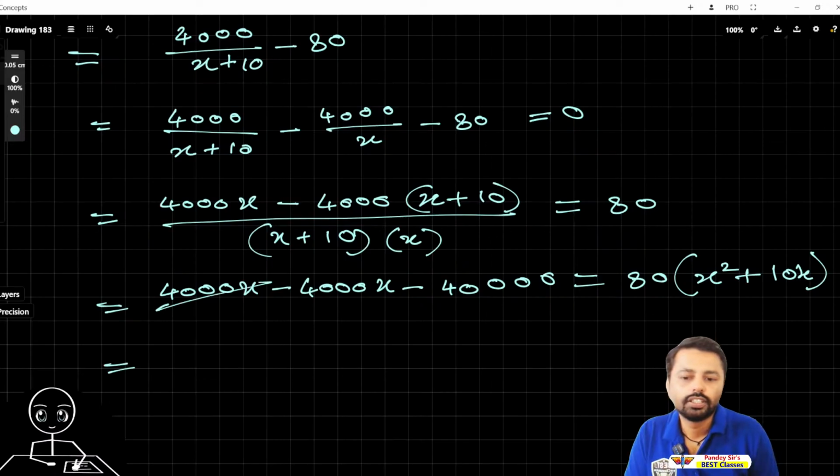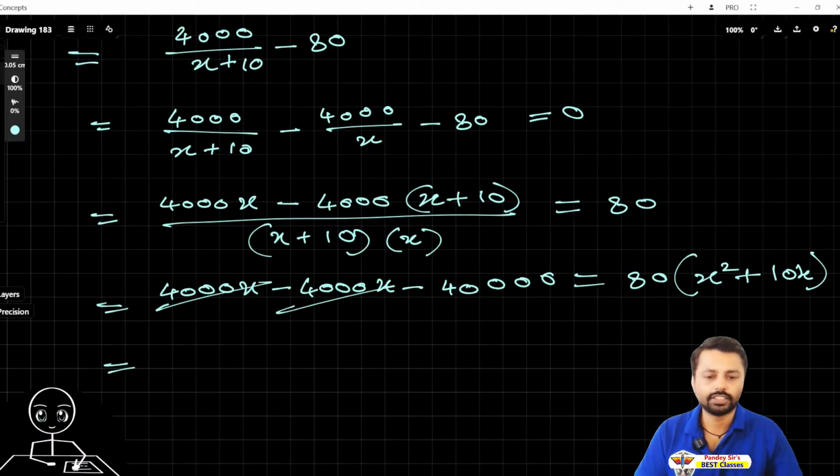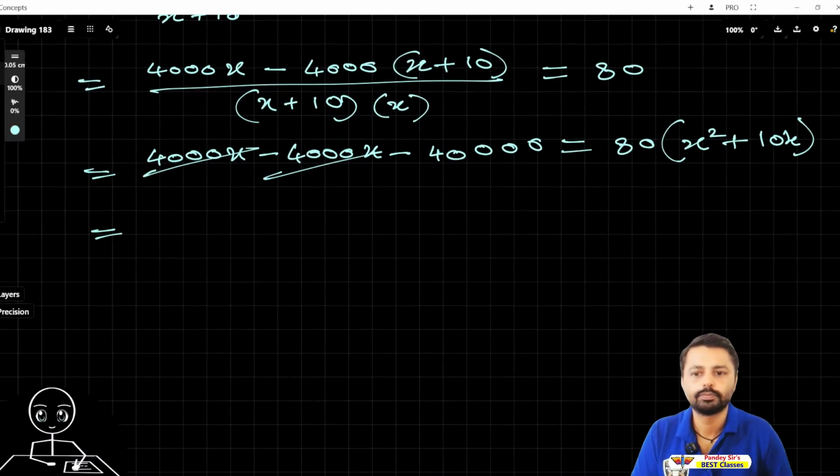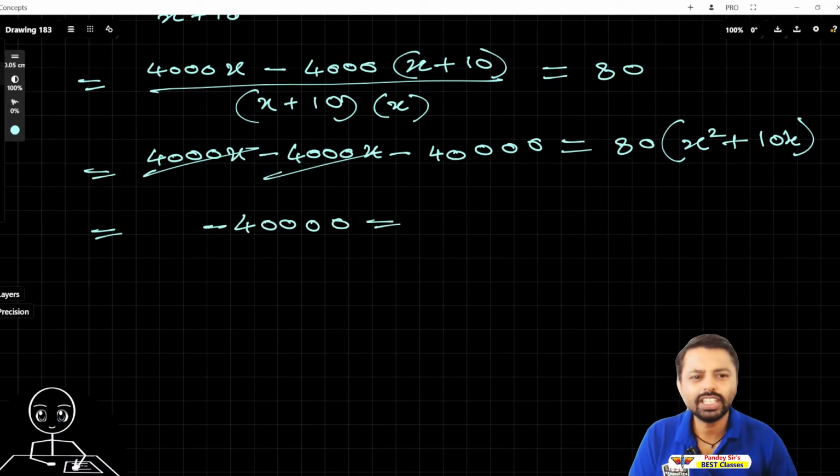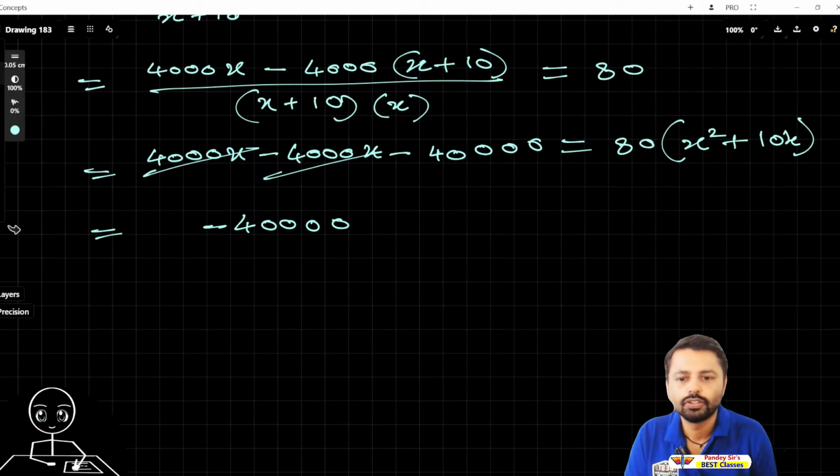equal to, now favorite part, the cancelling thing. So we got only 40,000 minus 40,000 equal to, wait, we can cancel here also. Like we can bring simply this 80 that side. So 40,000 by 80, 0, 0 cancel.